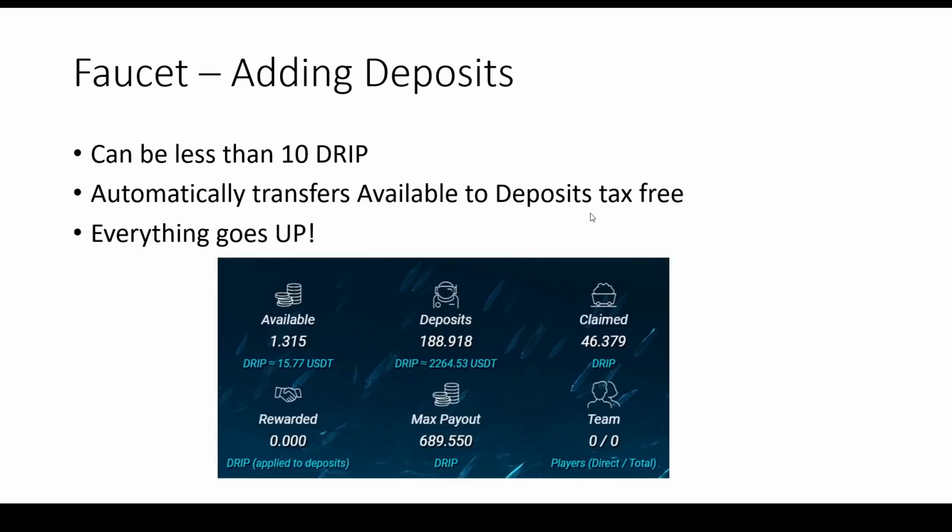You do have to pay the 10% tax on the new deposit, but there's no tax on the tokens going from available to deposits. And again, when you add deposits, everything goes up. Your deposits go up, the rate at which you're earning new tokens goes up, and your max payout goes up.